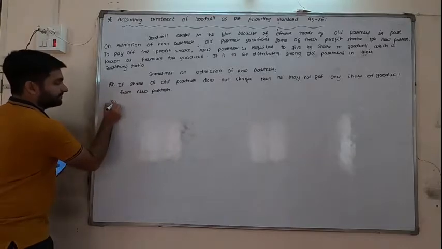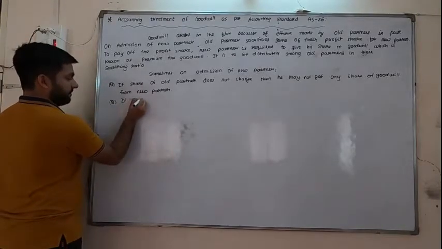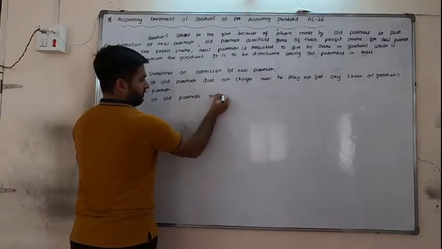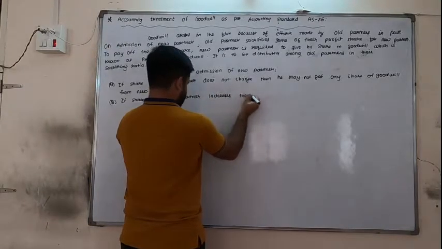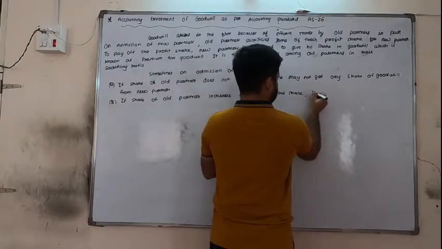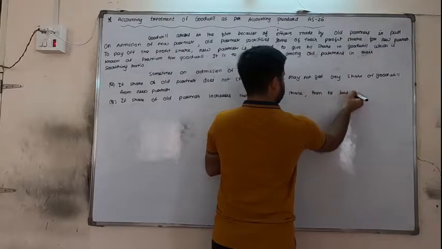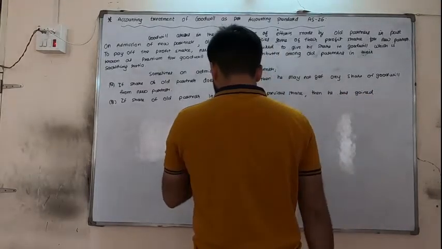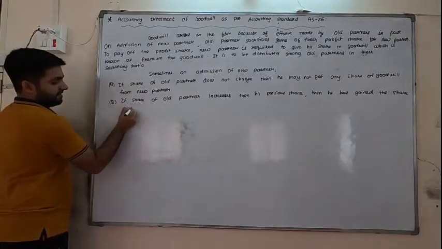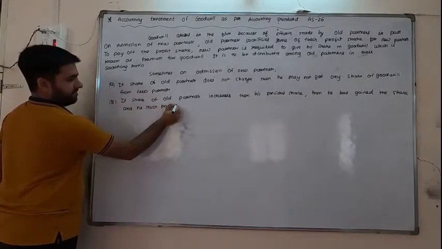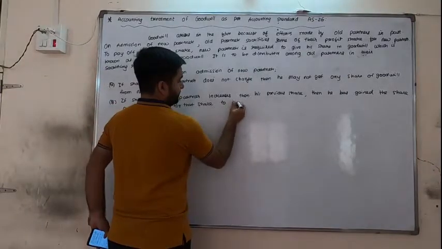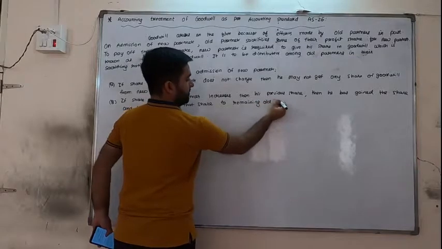Okay? And one more point. If the share of an old partner increases, his previous share increases, then he has gained the share and he must pay for that share to the remaining old partners.